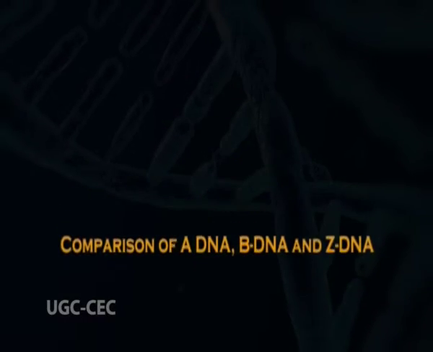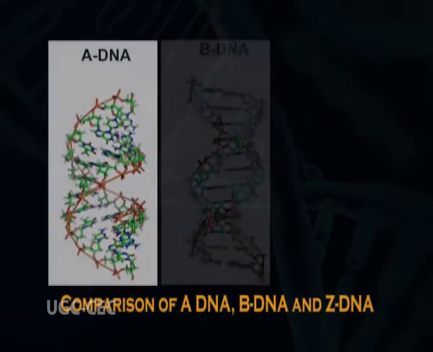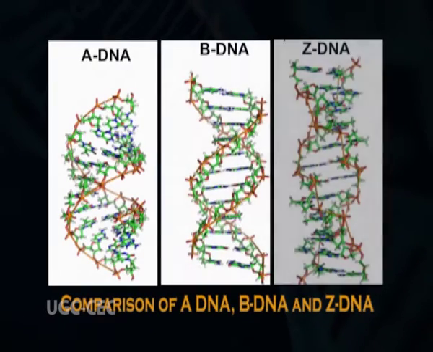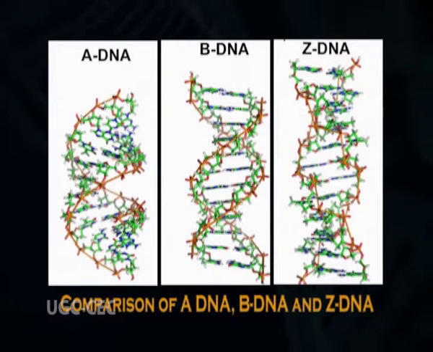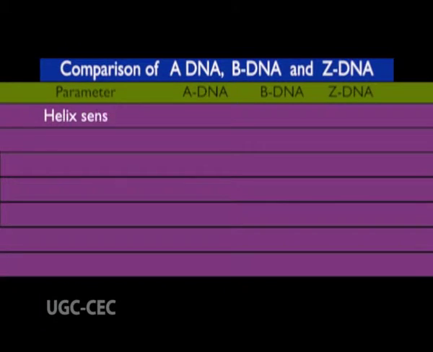Now let us come to the comparison of A DNA, B DNA and Z DNA. Helix sense: A DNA has a right-handed helix, B DNA has a right-handed helix, and Z DNA has a left-handed helix. Second parameter is residues per turn.